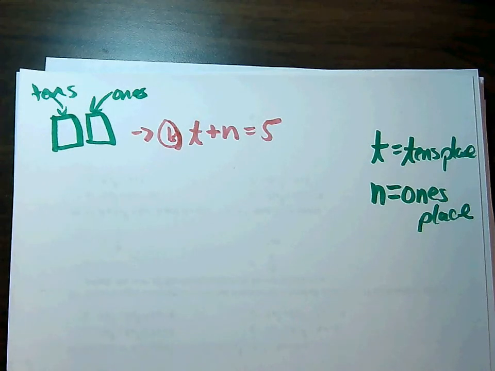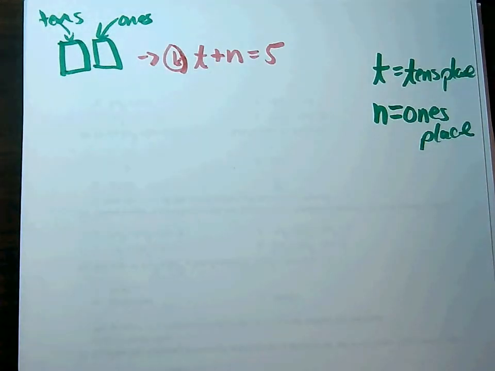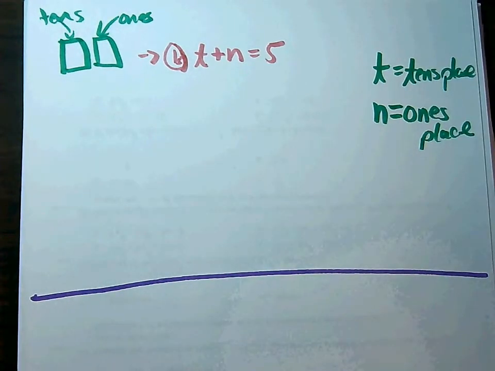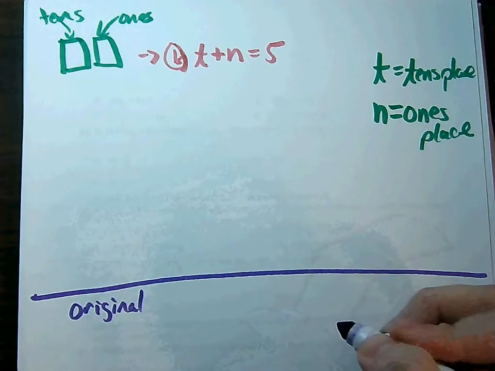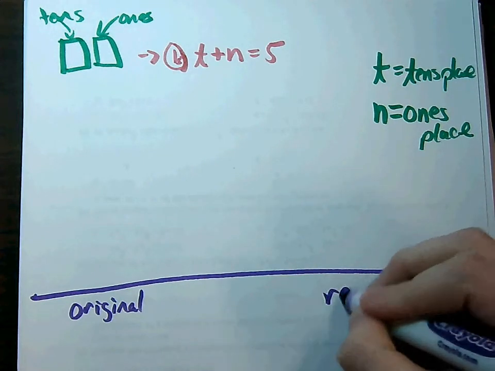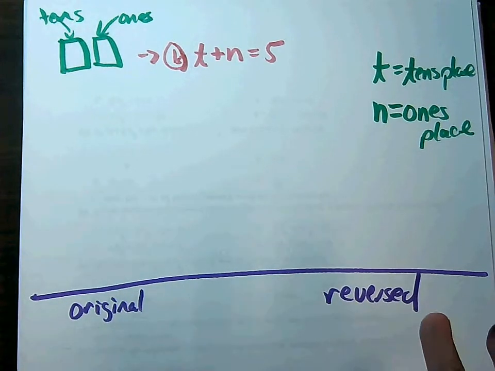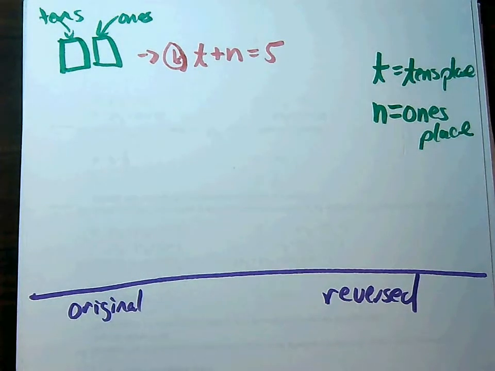Now the second one is causing me to do a little thought bubble because it talks about the number reversed. In order to understand the number reversed and the original number, I'm going to do a little thought thing here, because I don't want to just remember a formula for something so obscure. I want to be able to remember how I get back to it. So here's my original, here's my reversed. I'm going to make up a number here, so that I understand how it would work with the variables.